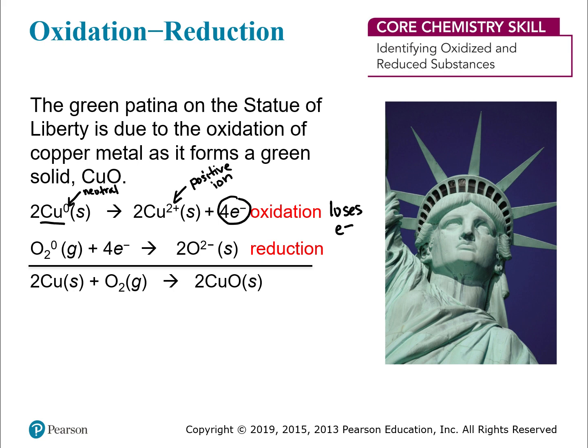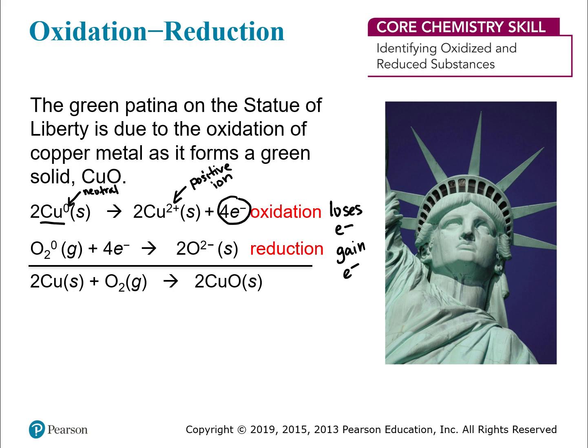With the oxygen, O2 gas, neutral. It's going to lap up those 4 electrons because oxygen is very electronegative. Since we have the electrons on the reactant side and we're adding them to the oxygen, that means that it's going to gain electrons.